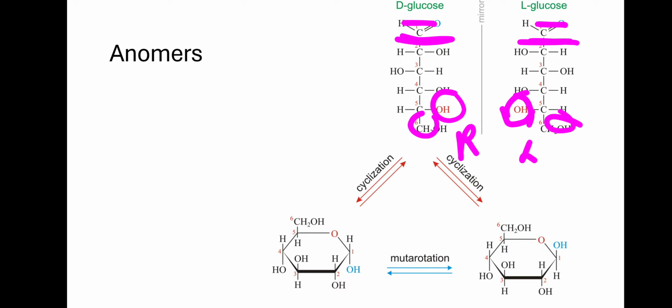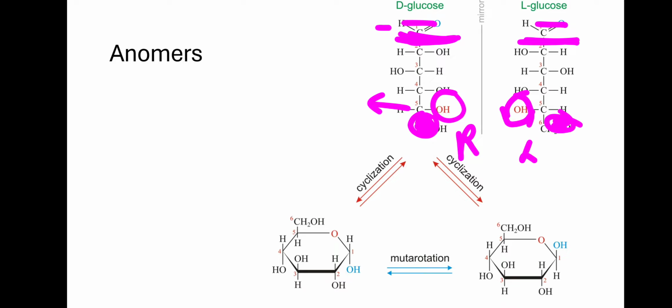So just say the second last carbon atom from your aldehyde group, which is going to be C5 in this case. Now look at the orientation of the hydroxyl. Is it on the right side? If it is on the right side, you call that a D glucose. If it is on the left side, you call that an L glucose.